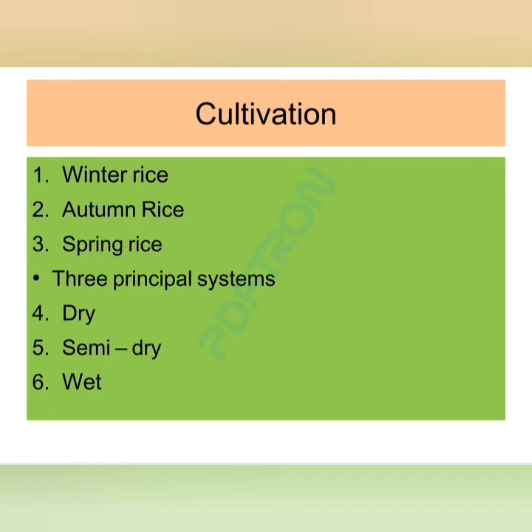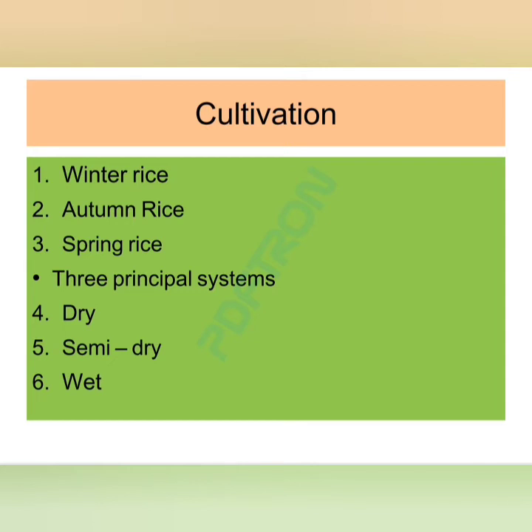We have the winter rice, the autumn rice, and the spring rice. The winter rice is actually the most common paddy crop of India, which is sown in the month of June to July, and this crop is harvested in the month of November to December. So that is why it is referred to as the winter rice.